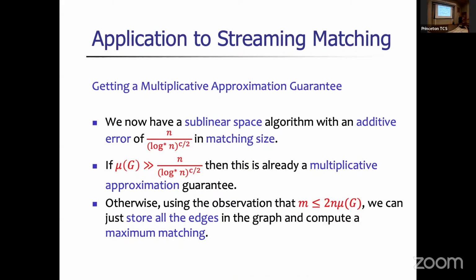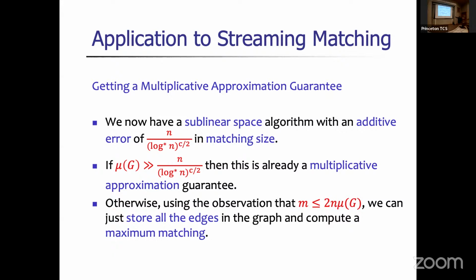I claimed in the theorems that we are getting multiplicative approximation, and it's rather easy to turn this additive error algorithm into a multiplicative approximation. If the size of the largest matching, where mu of G denotes the size of the largest matching, is much larger than n over polylog star n, then my additive error is already a multiplicative error guarantee as well.